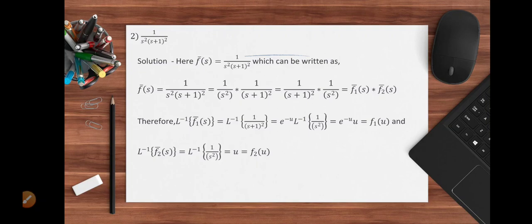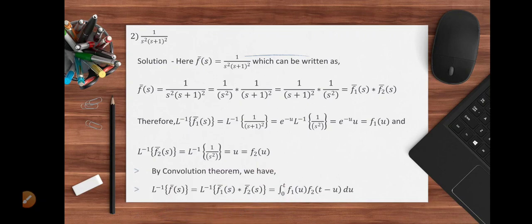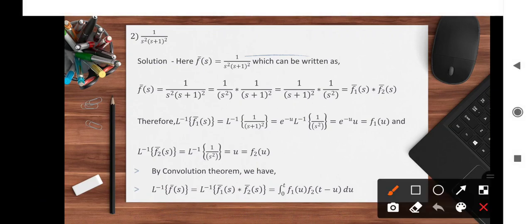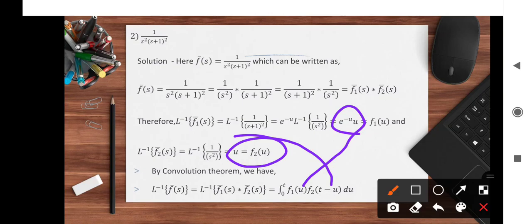So here we have completed 3 steps of the procedure. Now you have to apply convolution theorem, and here you have to write its standard result. Now you have to replace this f1 of u by this function and f2 of u with f2 of t minus u variable as t minus u only.